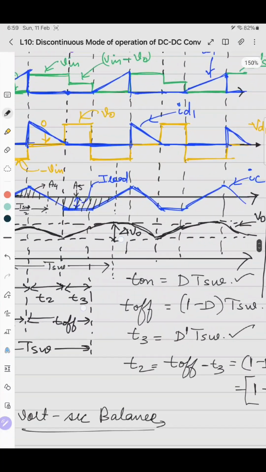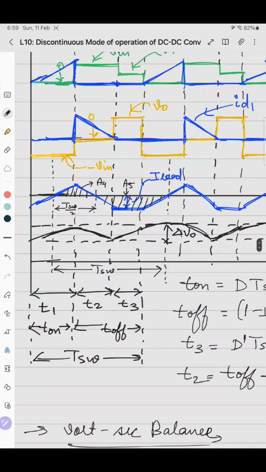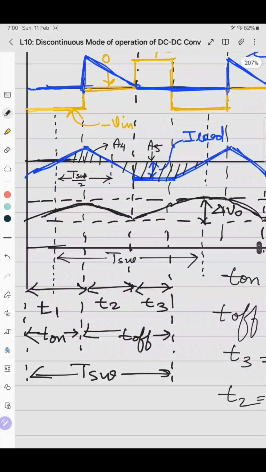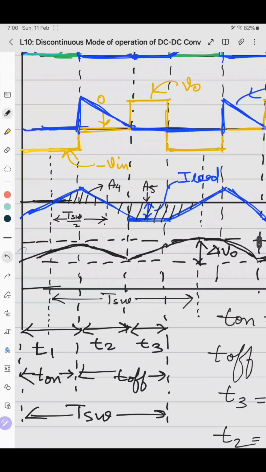So what happens in this case is, for the amp second balance, we have shifted the time periods like this. T1 was this time here, which you can see, but we have to start from this period. So we have to find this time, the time for A4, which is already T switching by 2.